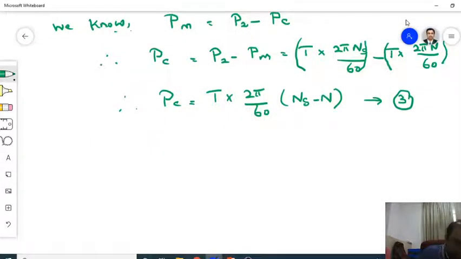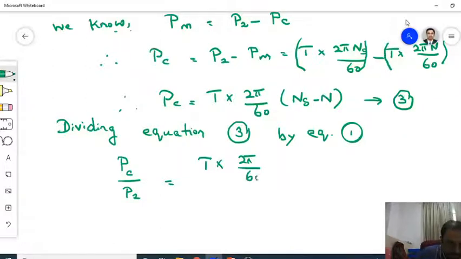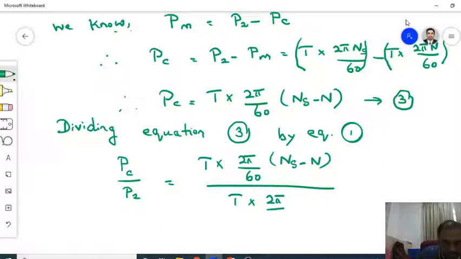Now, dividing equation 3 by equation 1, we'll get Pc by P2 equal to T into 2 pi by 60, into Ns minus N, whole divided by T into 2 pi by 60 into Ns.